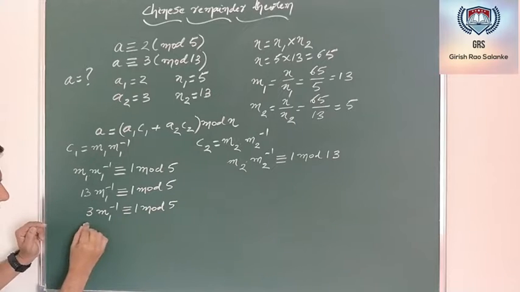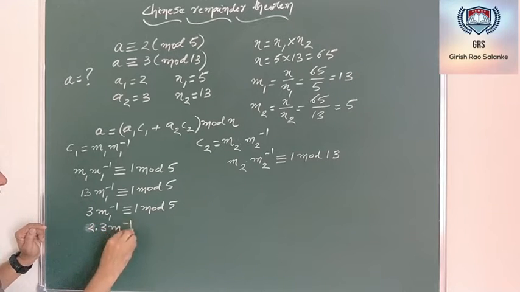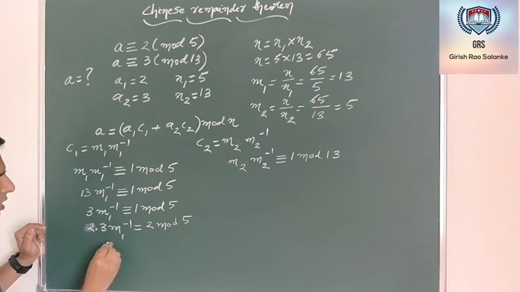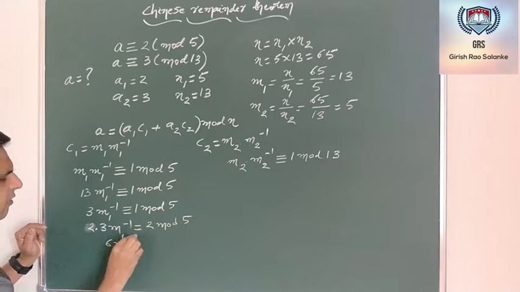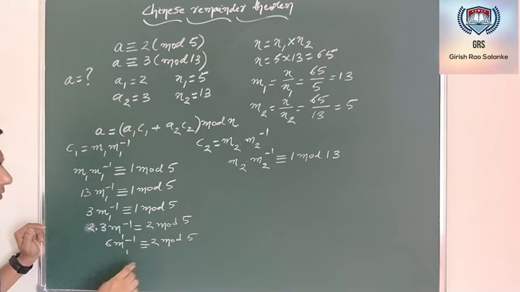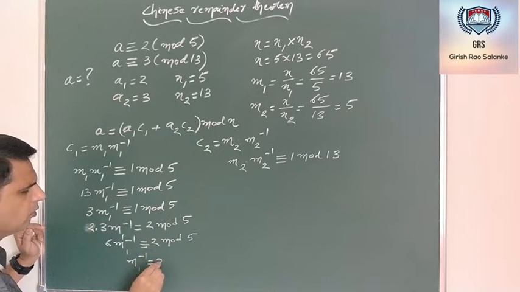So multiplying by 2, 2 into 3 M1 inverse is equal to 2 mod 5. So this is nothing but 6 M1 inverse congruent to 2 mod 5. So 6 mod 5 is 1, therefore my M1 inverse is 2.